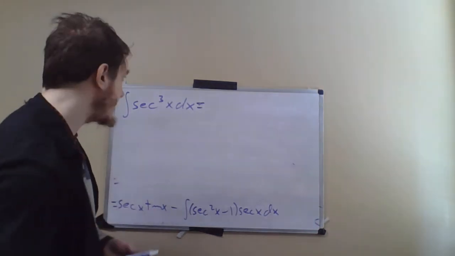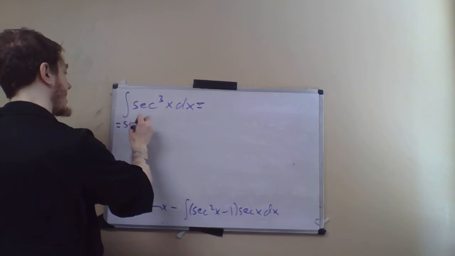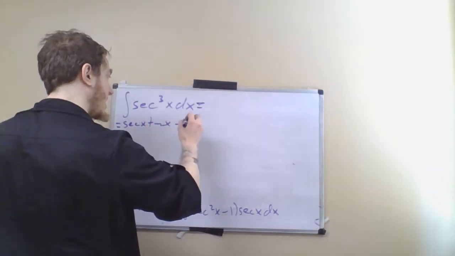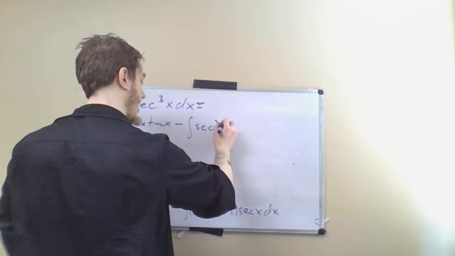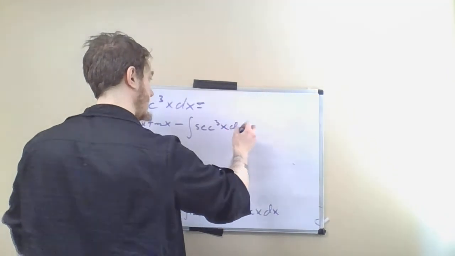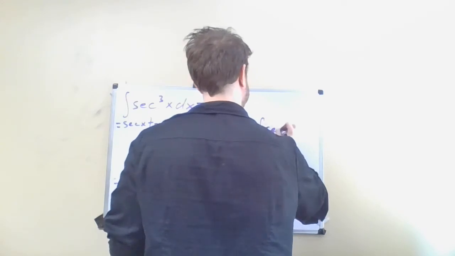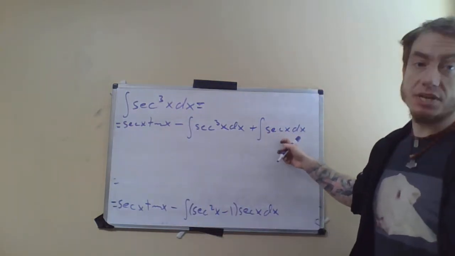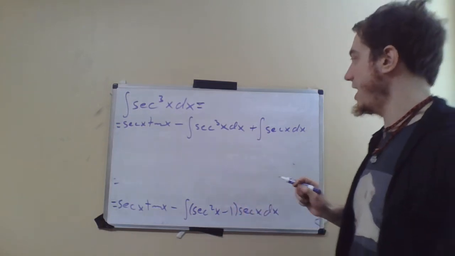So I can rewrite and say secant cubed x dx is now equal to secant x tangent x minus the integral of secant cubed x dx plus the integral of secant x dx. So, we just saw how to do this integral, right? It's the natural log of absolute value secant x plus tangent x.